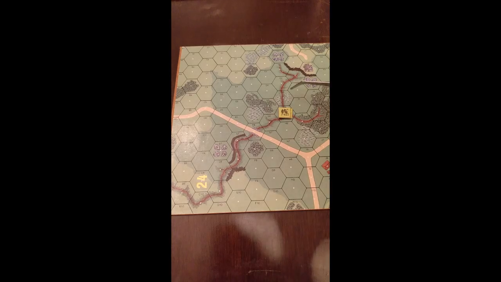Now H4, which is up here, you'll see this lighter green symbol represents brush. Brush also costs 2 movement factors to enter. And so moving to H4 in the gully would be 2 movement factors for staying in the gully, and then 2 more for entering the brush hex as well.